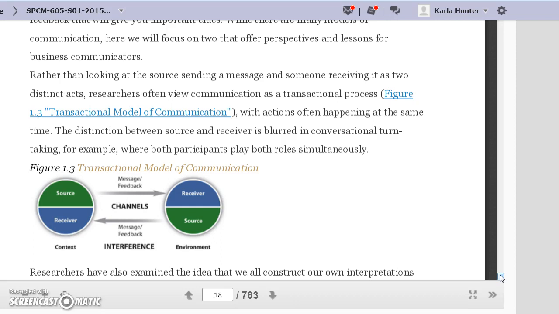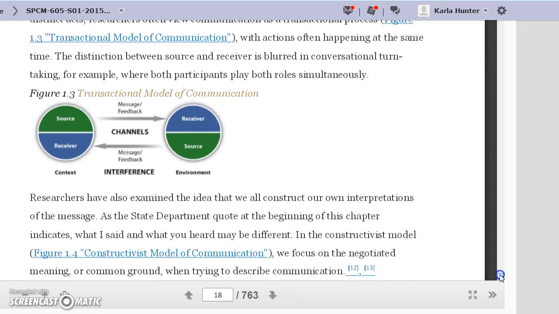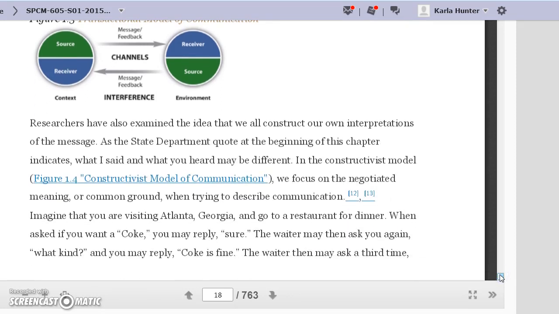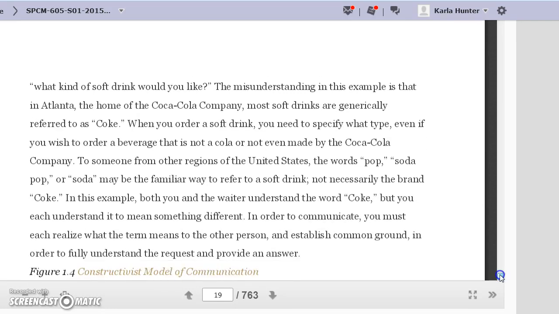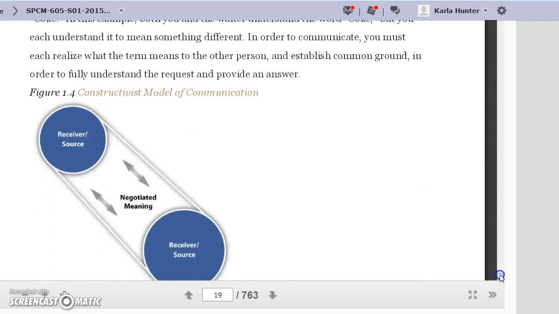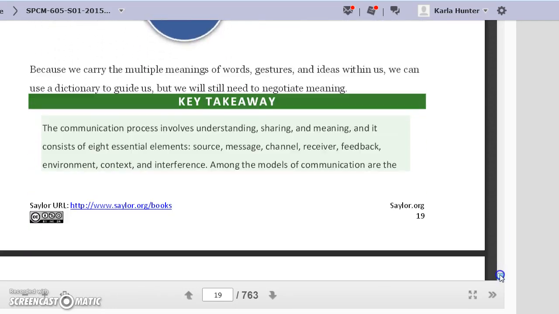It is at least a transaction where we're both evaluating each other all the time, evaluating the message all the time. And some of us believe it's actually even more than that, that it is transformational. And so the communication model itself has grown over time.